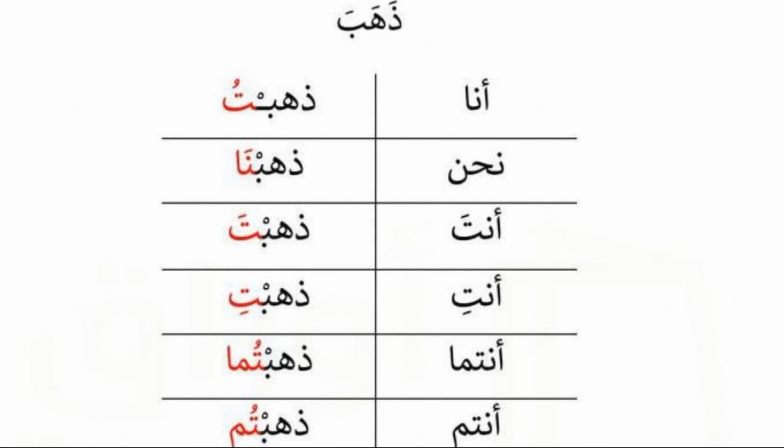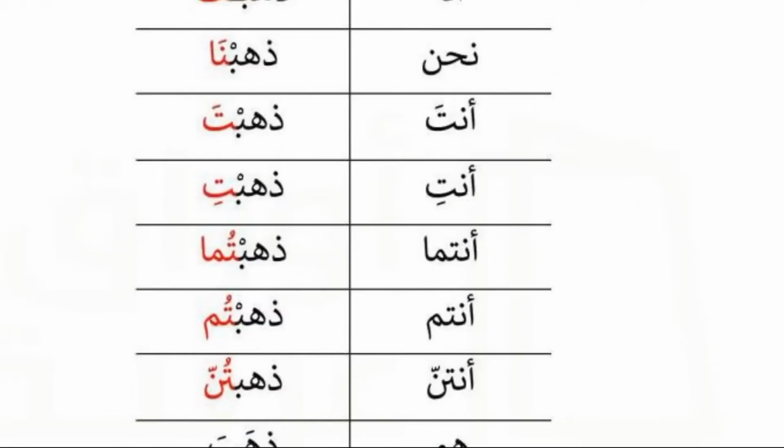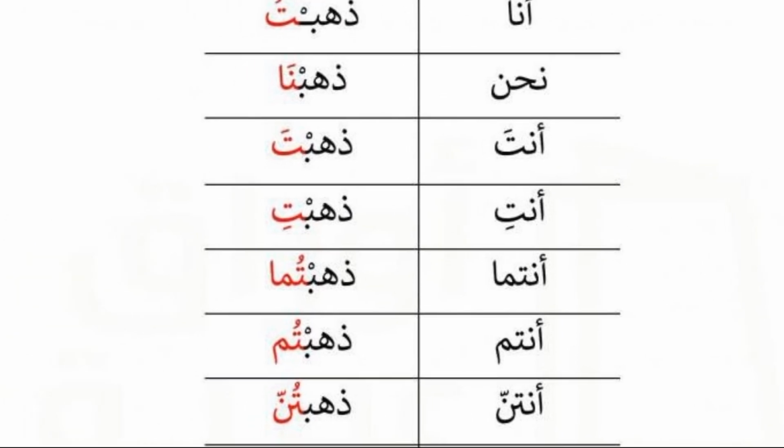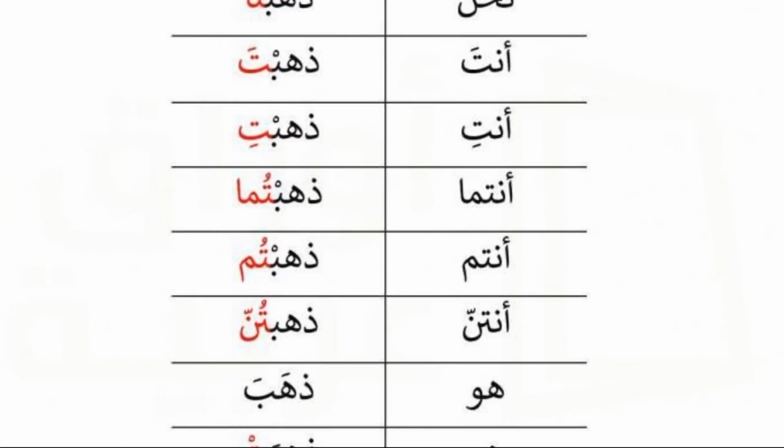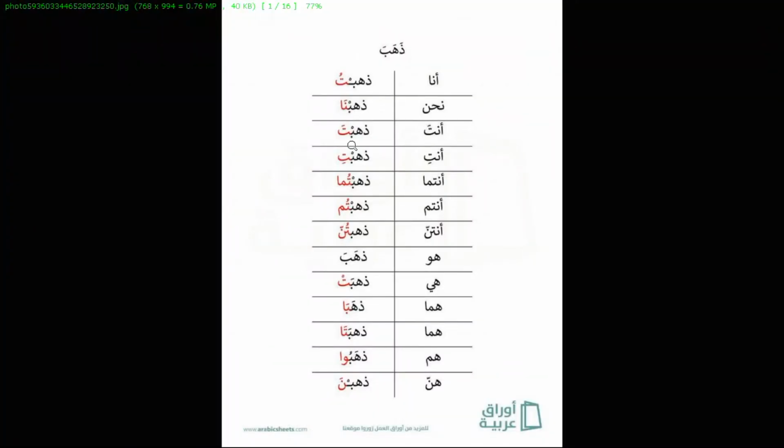Ba takes sukun, and we add ta with dhamma. ذهبت. If you want to say you went out, and by you mean a masculine person, you say أنت ذهبت. You see, أنت ذهبت.